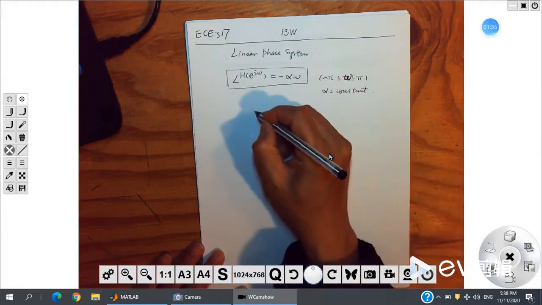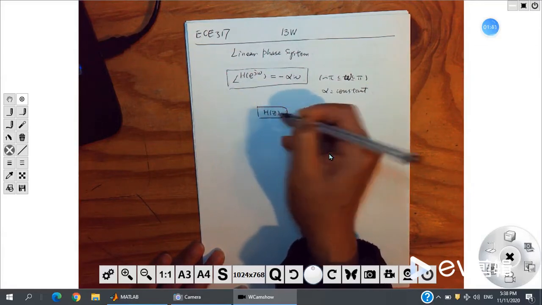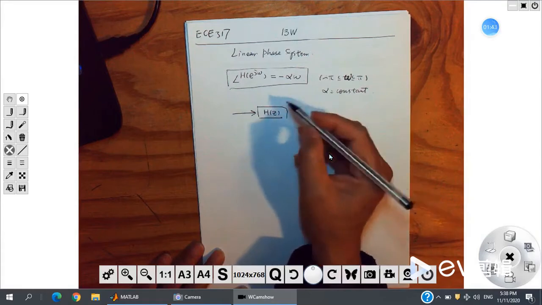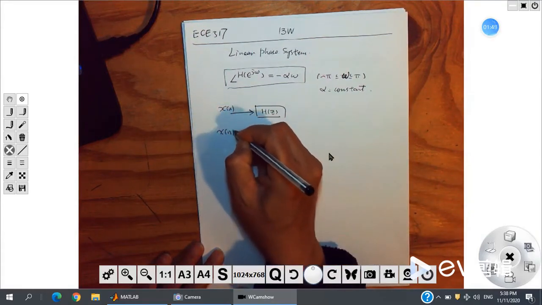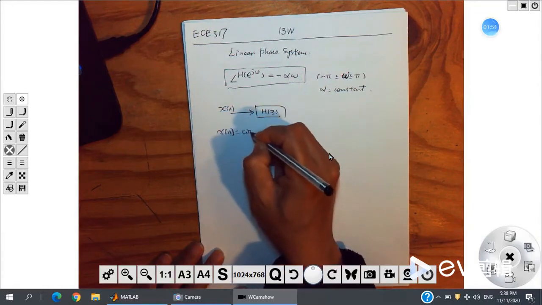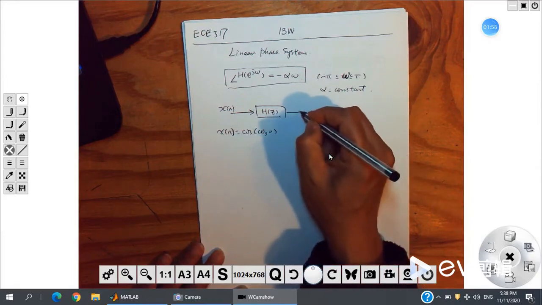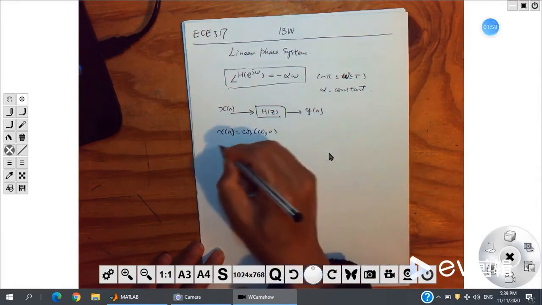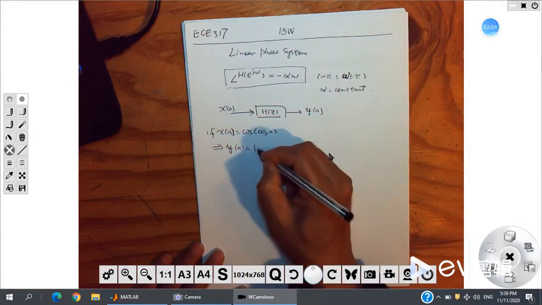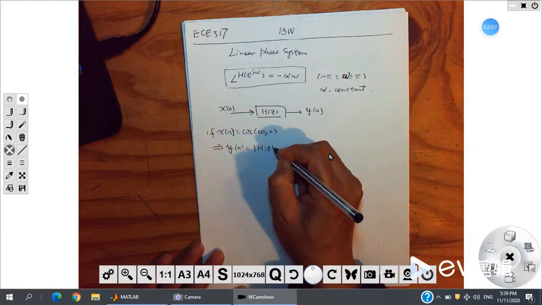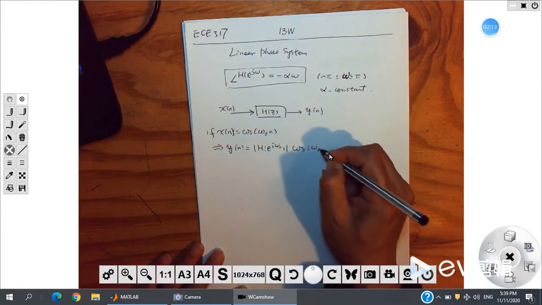If we have a system like this, we have this system H of z. I put in input x of n. If x of n is a sinusoid, for example a cosine of omega 0 n, then what is the output? The output will be the magnitude times cosine of omega 0 n plus the angle.